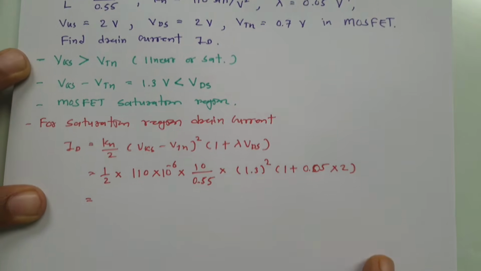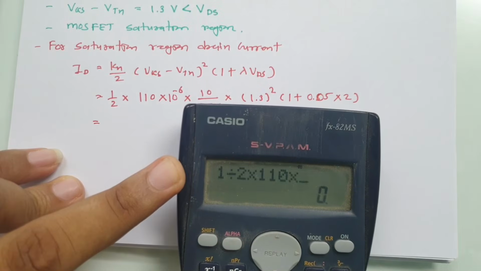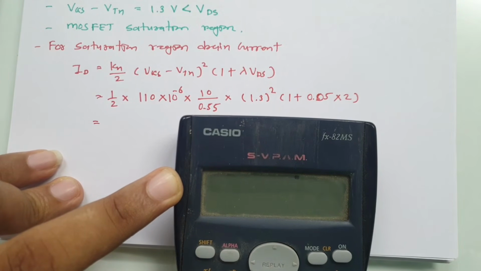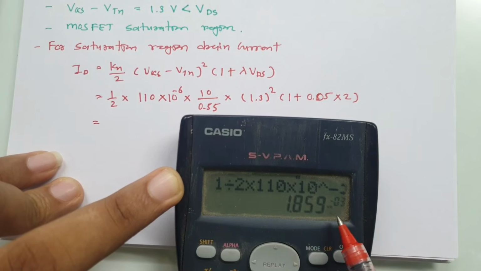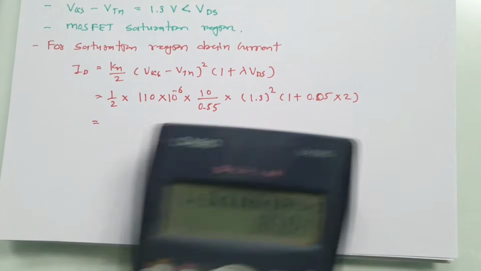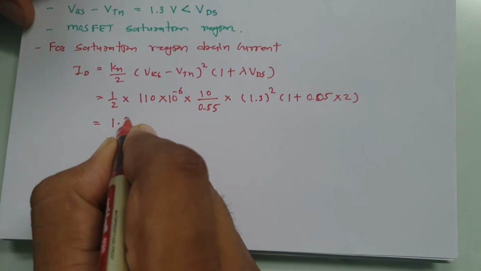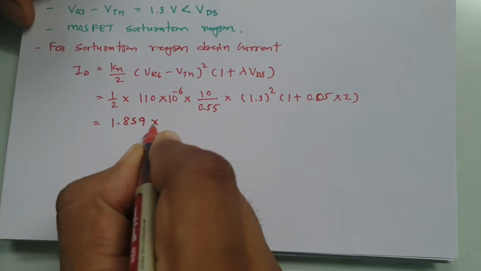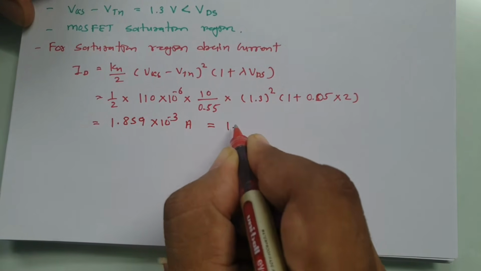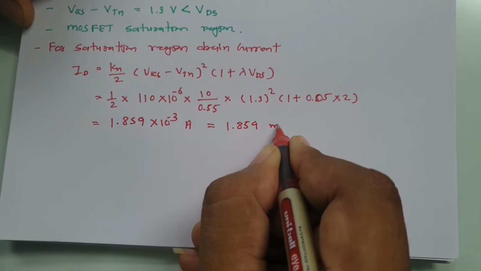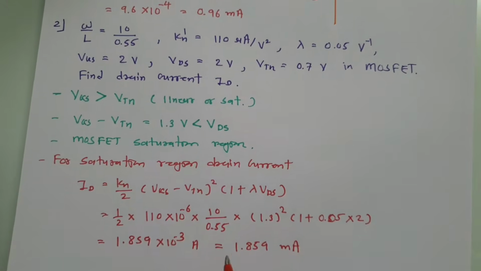So we need to simplify this for our resultant drain current. So that is 1.859 into 10 to the power minus 3. So we can say this is 1.859 milliampere.